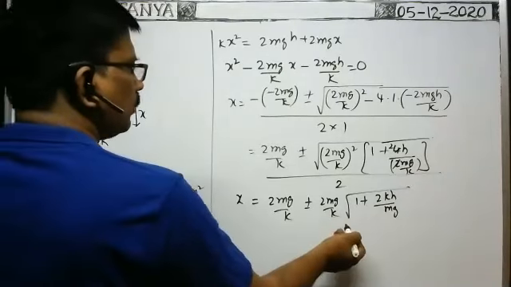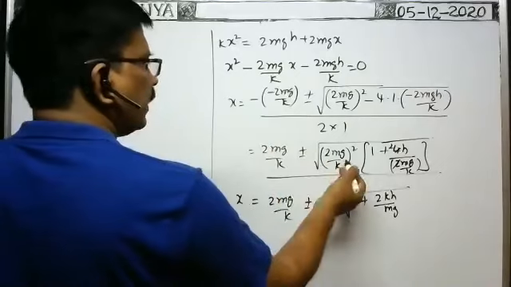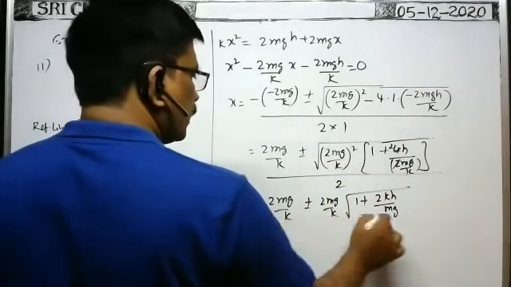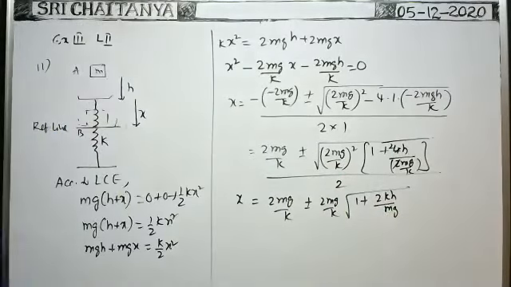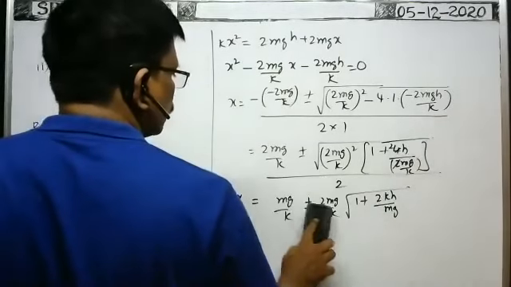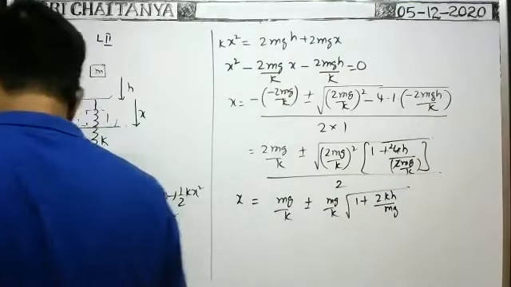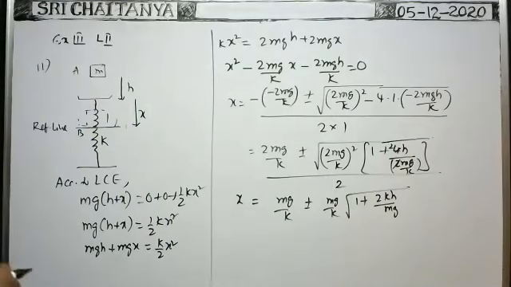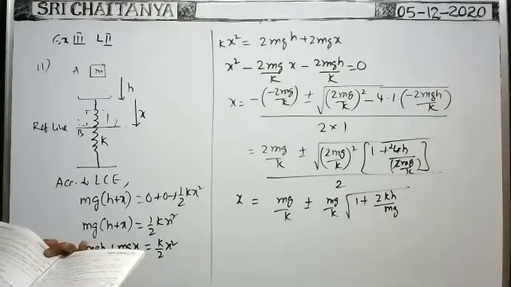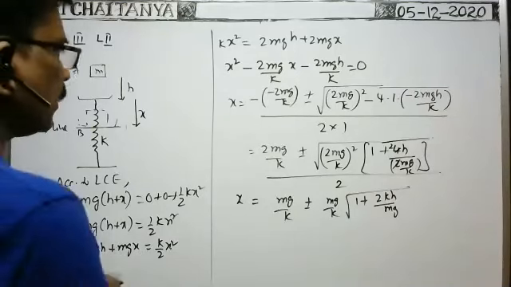Sorry, by 2 is there, no? By 2 means 2 can be cancelled. By 2 here also we can cancel. By 2 is there, 2 to cancel. So you cancel 2. So this is the maximum compression in the spring.